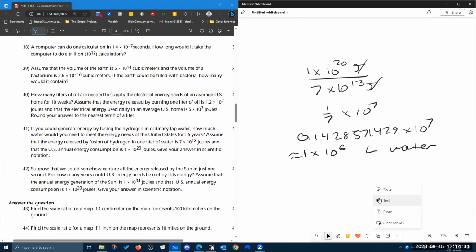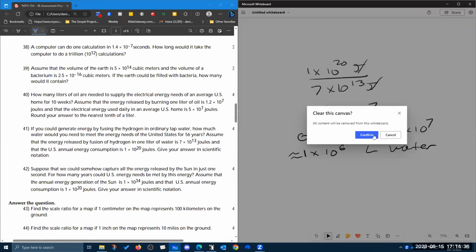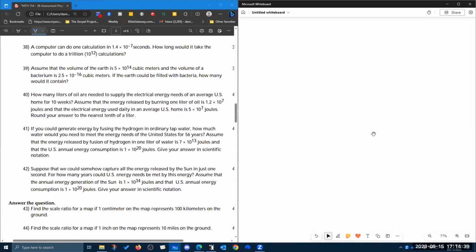And last problem in this video. Suppose that we could somehow capture all the energy released by the sun in just 1 second. For how many years could the US energy need be met? So we are going to take that's our energy need, and we've got that many joules of energy being released from the sun annually.